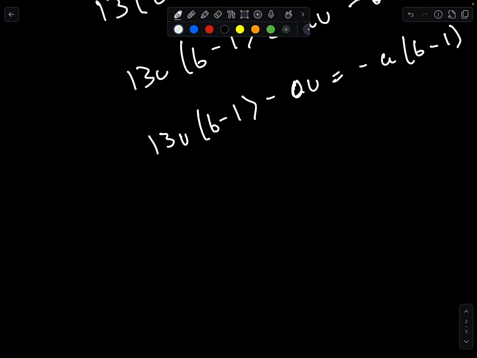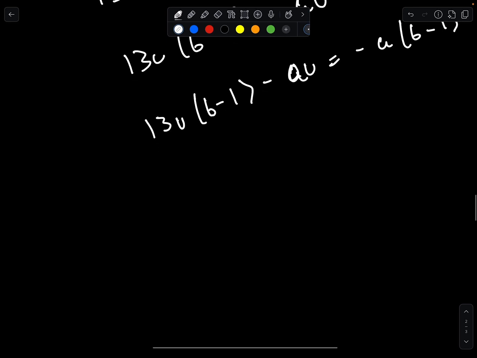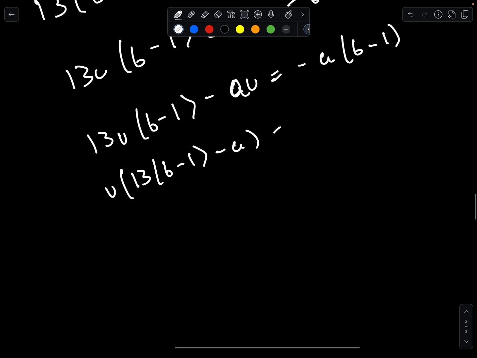Because they're both multiples of u, I can say u times 13 times b minus 1 minus a equals minus a times b minus 1.